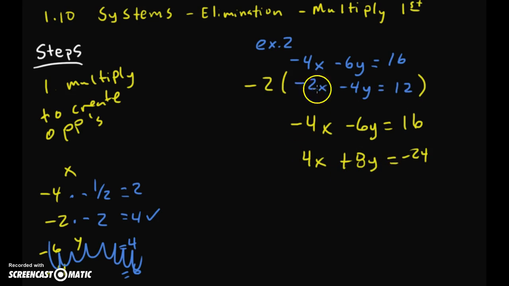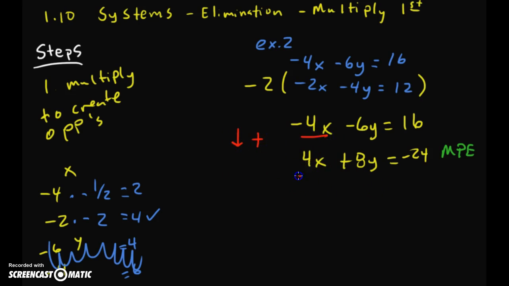Well, why can we just multiply this equation? We've learned about this property that allows us to multiply both sides by any number that we want. So MPE would be the justification for our first step. Now that step 1's complete, we can go ahead and move into step 2, where we just add the two equations straight down.